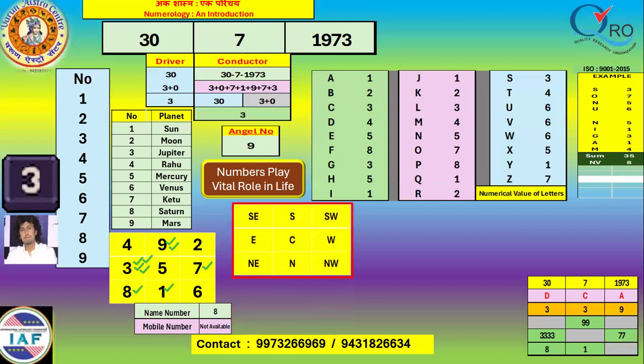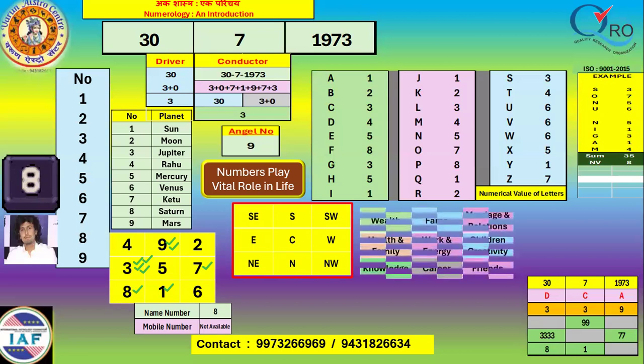If you see the southeast corner, center, southwest corner and northwest corner, he should analyze the Vastu dosa and do the remedial measures if it is feasible. If it is there, it should be rectified.